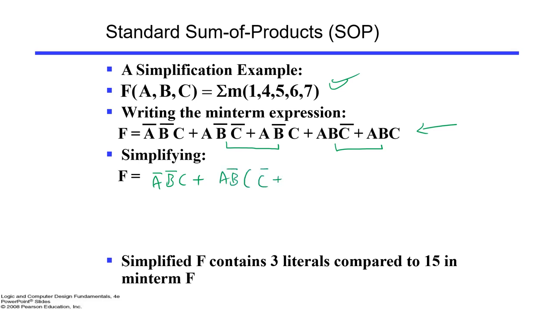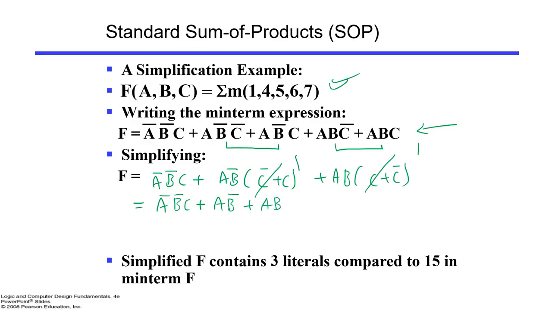c bar plus c, and here ab is common, so what will you get? C plus c bar, right? You know this will become 1, this will also become 1. So we'll get a bar b bar c plus a b bar plus a b, right?